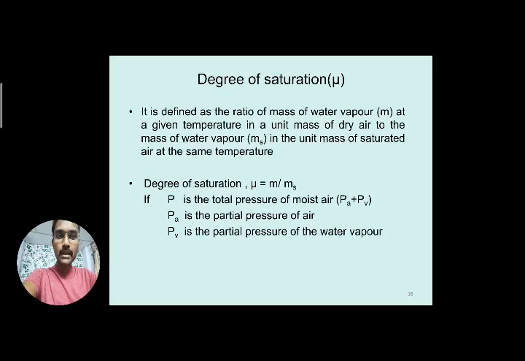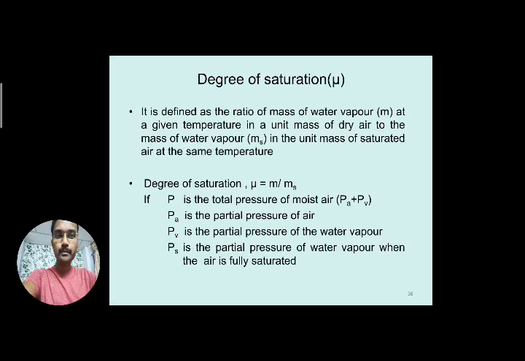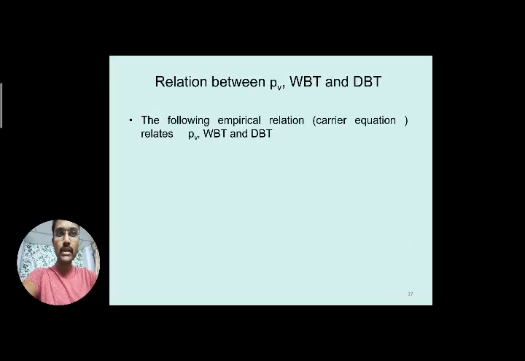A represents the air and V represents the water vapor. The total pressure of the moist air is the sum of PA plus PV, where PS is the partial pressure of water vapor when air is fully saturated.